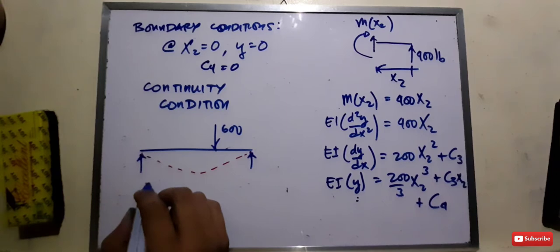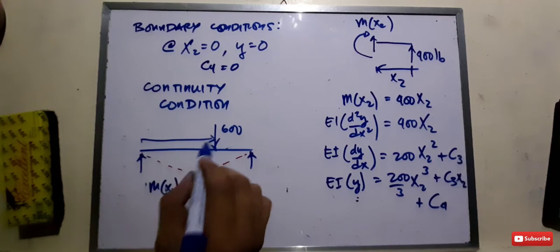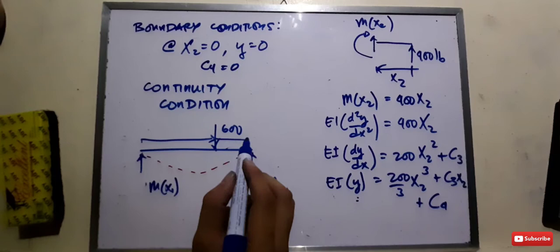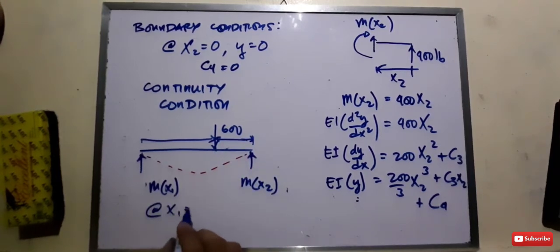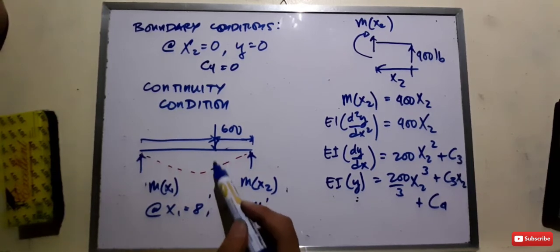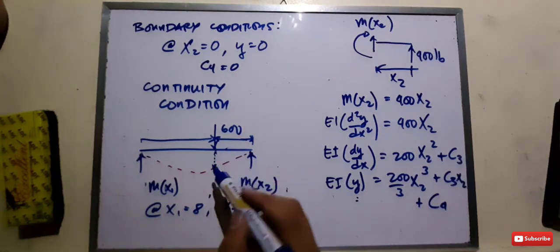Since yung moment natin as a function of x1 is applicable na siya hanggang dito, at saka yung moment natin as a function of x2 is applicable na siya hanggang dito, ibig sabihin at x1 equals 8 and x2 equals 4 feet, dapat pareho sila ng y, di ba? Dapat pareho sila ng y dito. And then pareho din sila ng slope.